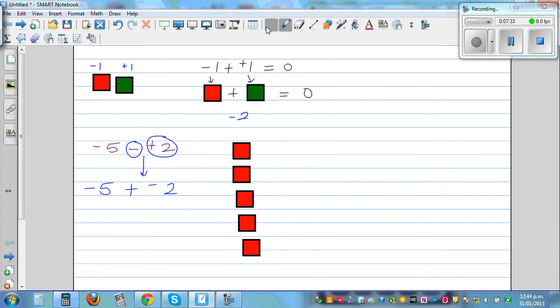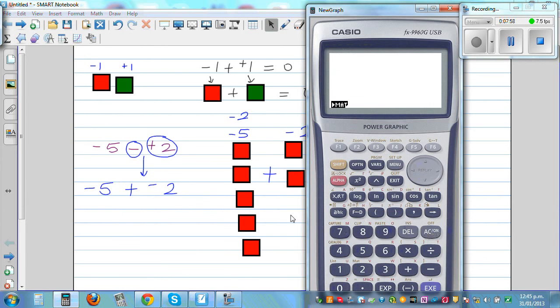I bring 2 more red tiles, so negative 5 plus negative 2 gives 7 red tiles, which is negative 7. Let's check with a calculator: negative 5 take away plus 2 equals negative 7, and negative 5 plus negative 2 is also negative 7.